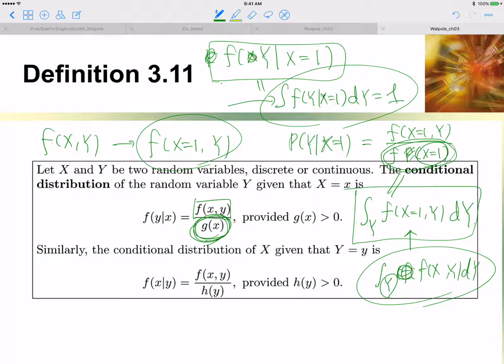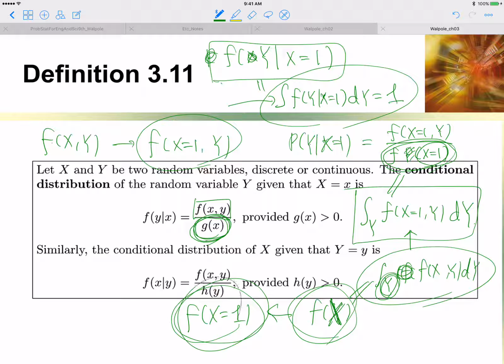So we obtain a function of x, because we removed y by squeezing the function along the y-axis. This is our marginal distribution, and this function gives you the function value when x is 1, right? So this function value is added to the denominator when computing this distribution.